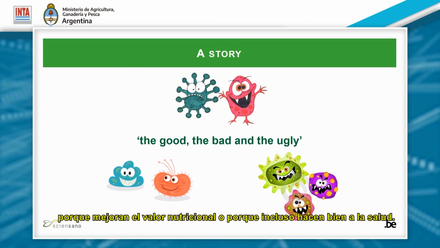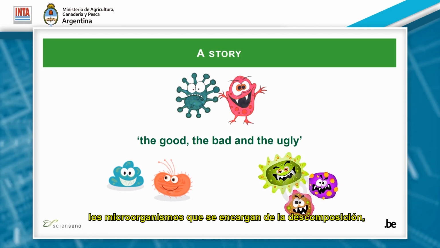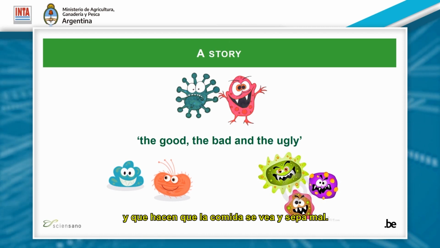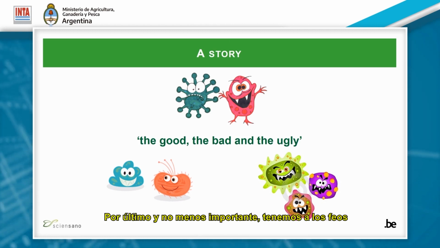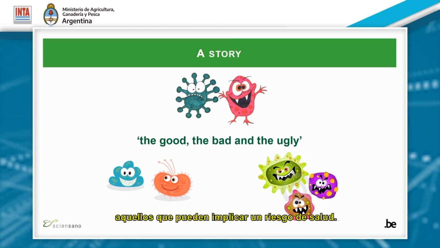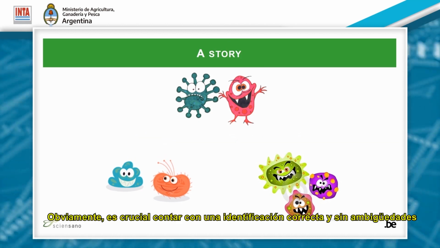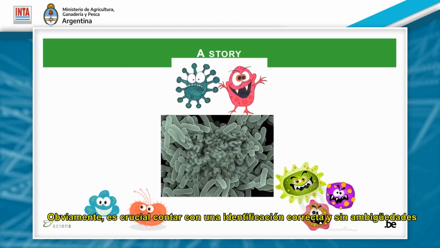They can even have beneficial effects on our health. Then you have the bad ones, the spoilage microorganisms that reduce shelf life and make our food look and taste bad. Last but not least, we have the ugly ones, those that can constitute a health risk. It's obvious that a correct and unambiguous identification is crucial.